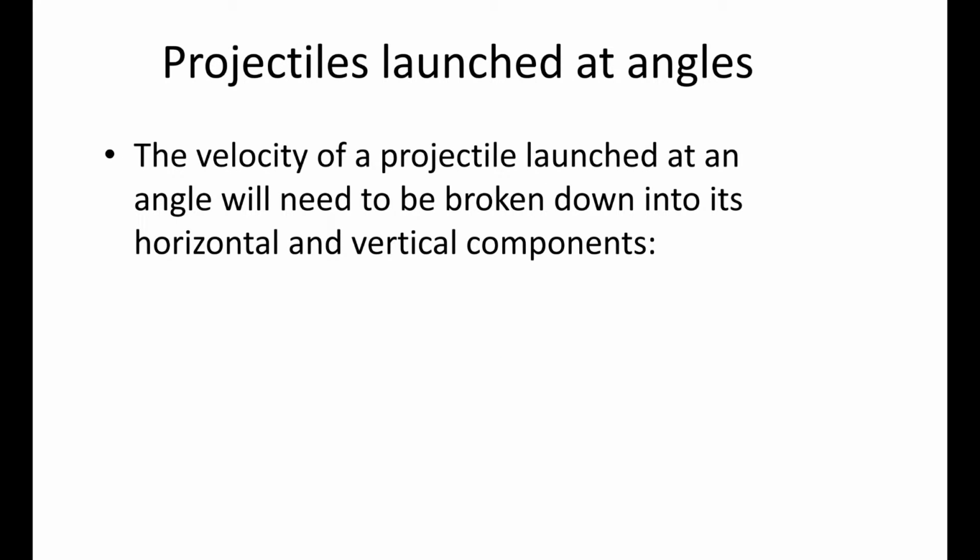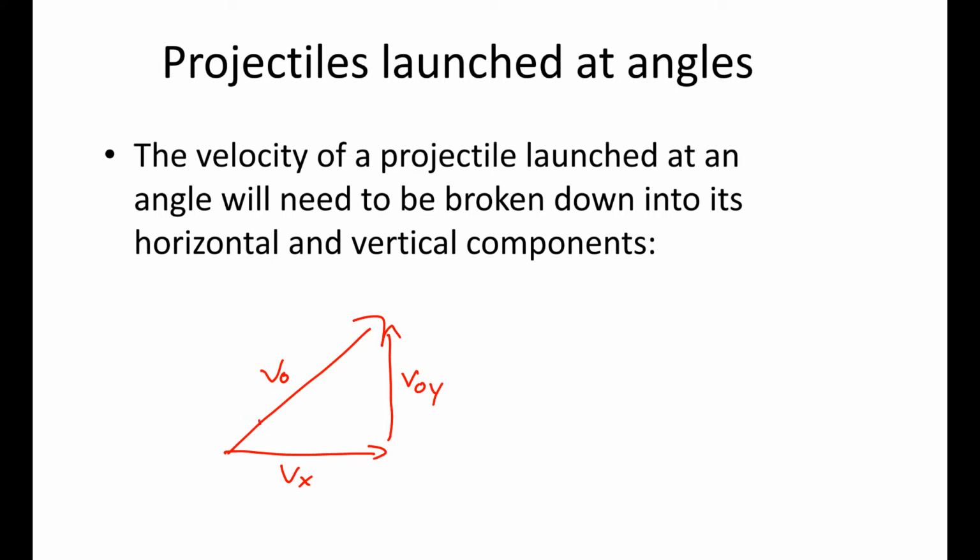The projectile is launched at angles. This is where it starts to get a little trickier. So for a projectile launched at an angle, it's going to look something like this. It's going to have some initial velocity, which we're going to label v, a horizontal component, which we're going to label vx, and an initial vertical component, which we're going to label voy.